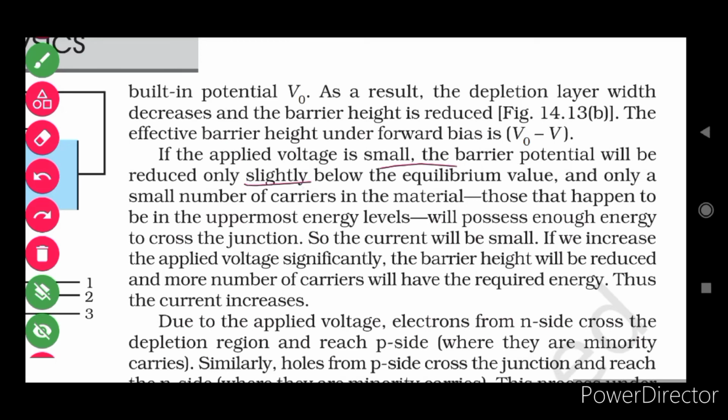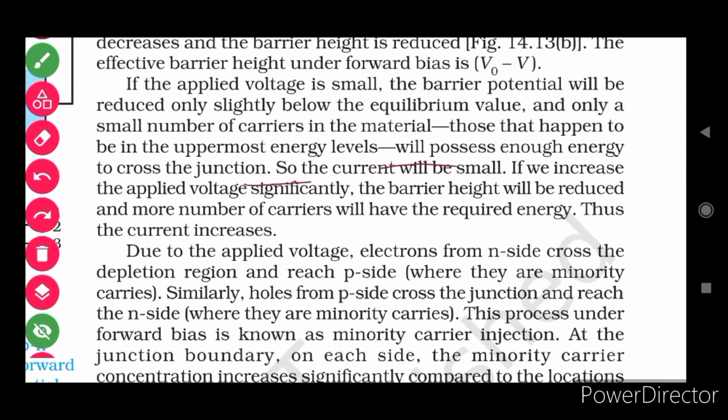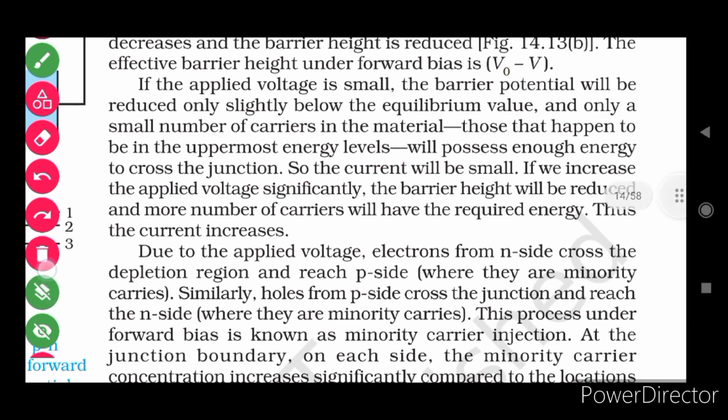If the applied voltage is small, the barrier potential will be reduced only slightly below the equilibrium value, and only a small number of carriers in the material, those which happen to be at the uppermost energy levels, possess enough energy to cross the junction. So if we apply a small voltage, the potential barrier will reduce, so only a few electrons will be able to cross, which are on the outermost energy levels.